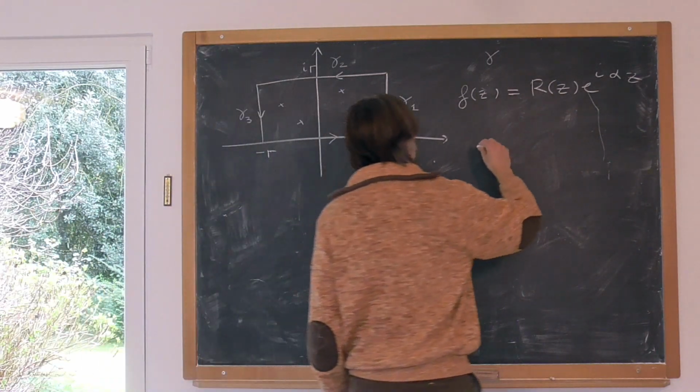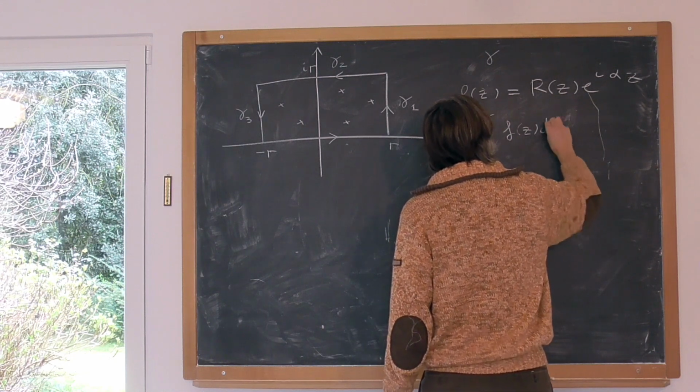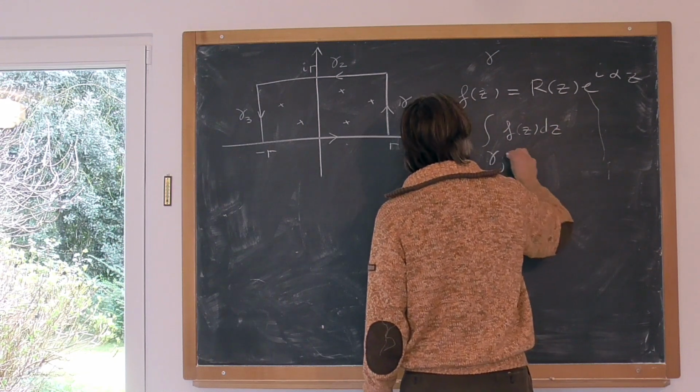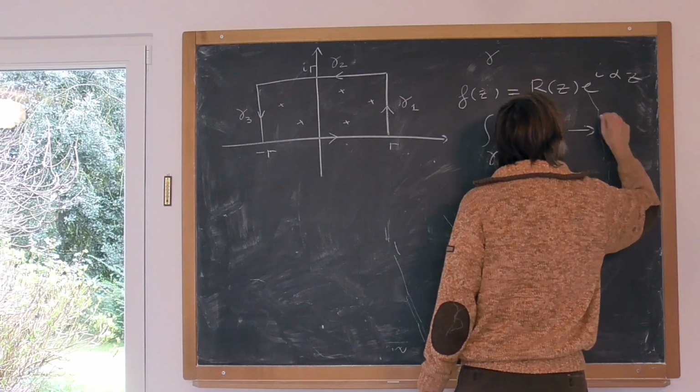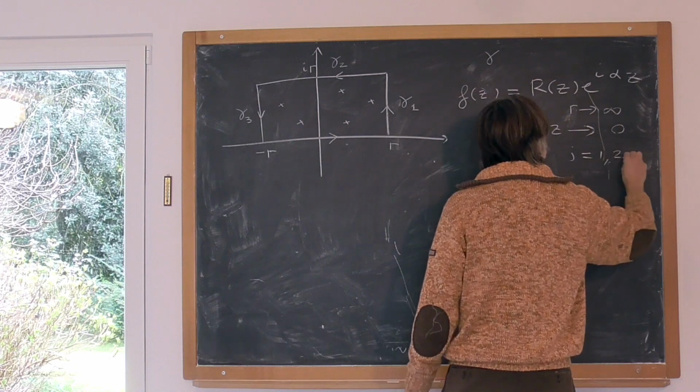So we need to show that the integral of f(z) dz on each of these gamma_j goes to 0 when R goes to infinity, and this for j equal 1, 2, and 3.